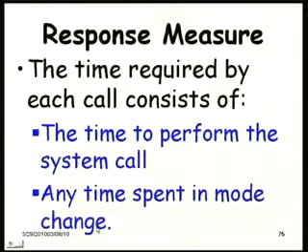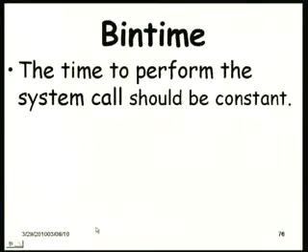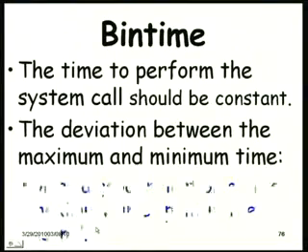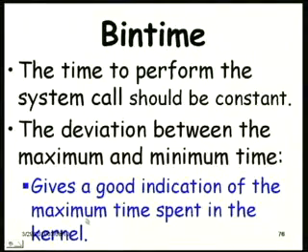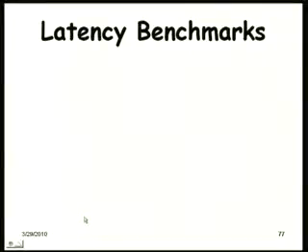Here of course, if we decompose these times, it will be the time to perform the system call and the time to do mode change if required. So, the deviation between the maximum and minimum time will give an indication of the time spent in the kernel.